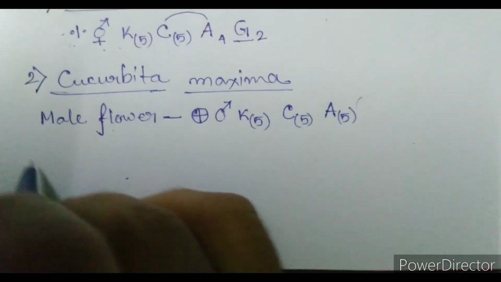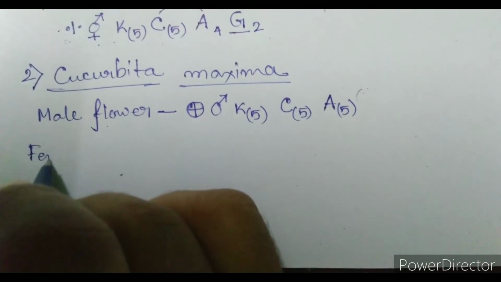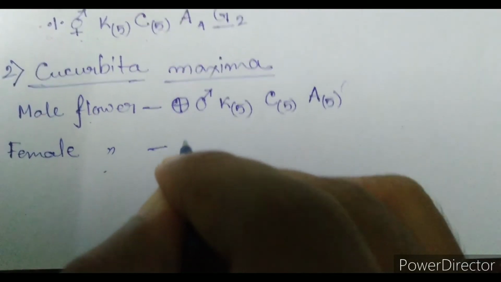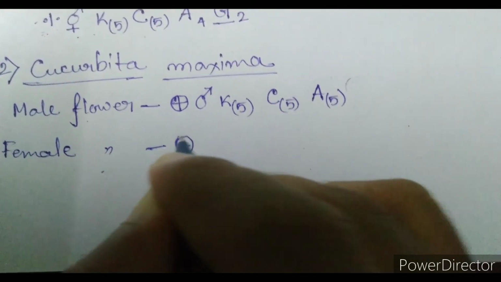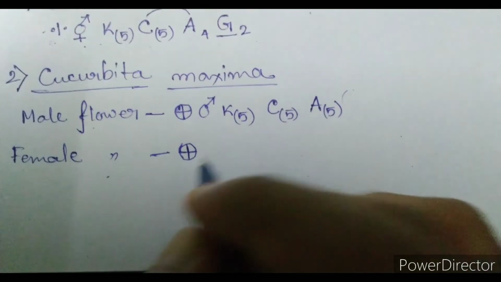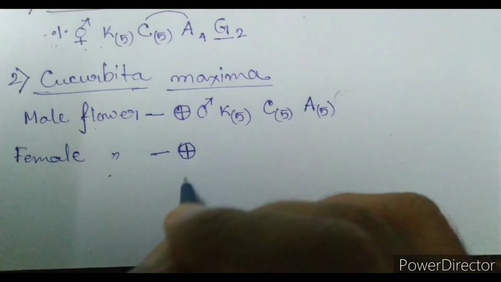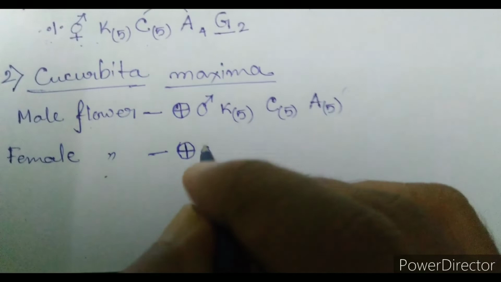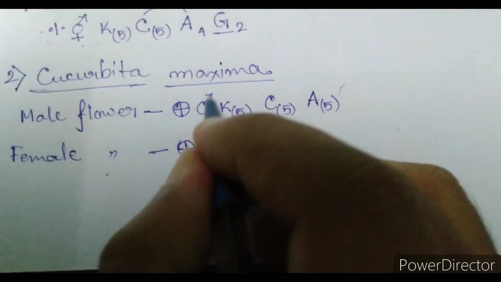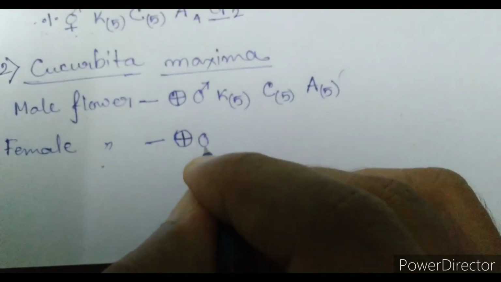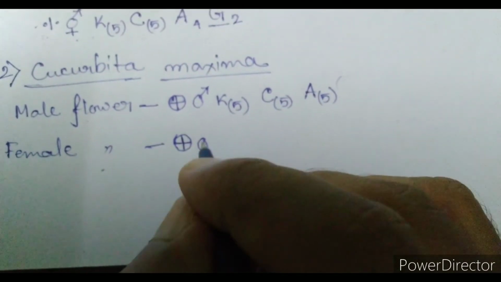Now next we discuss the female flower. It is actinomorphic, sorry, I said zygomorphic earlier, this is the actinomorphic symbol, very sorry. So this is actinomorphic and it is unisexual. Here this is the male flower with the male sign, and here this is the female flower, so this indicates the female sign.